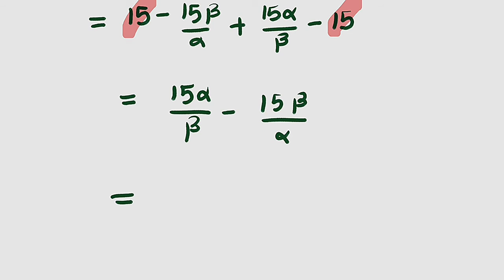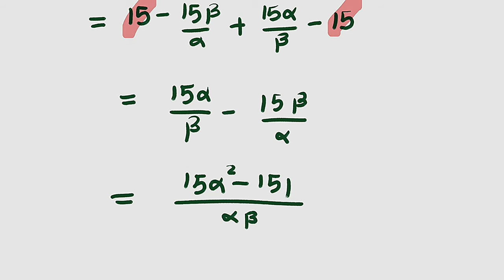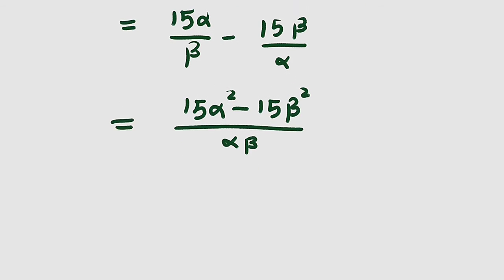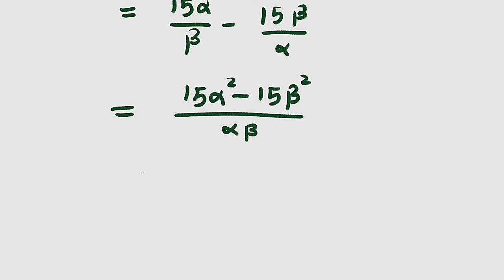This is equal to, the LCM is beta times alpha, which is alpha beta, right? Then beta can go in here alpha times. So you multiply by 15 alpha, you have 15 alpha squared. This is minus 15 beta squared. To the top, we have 15 in common.